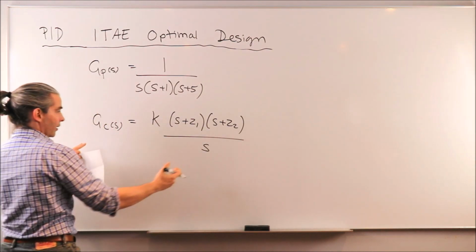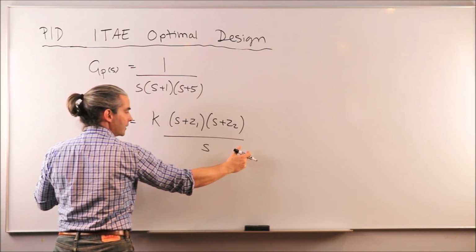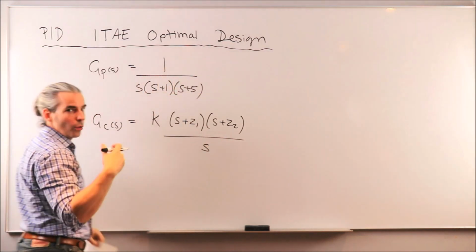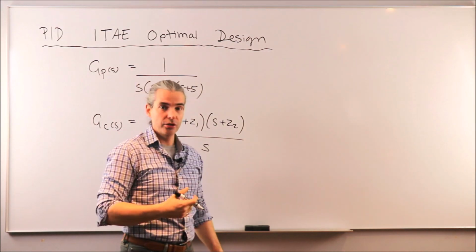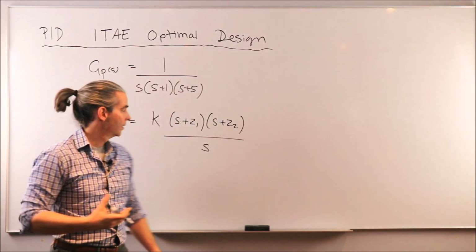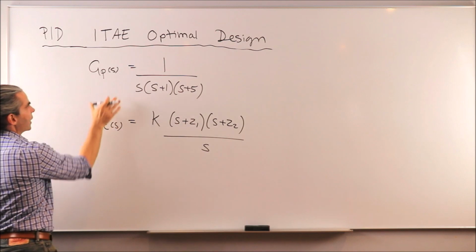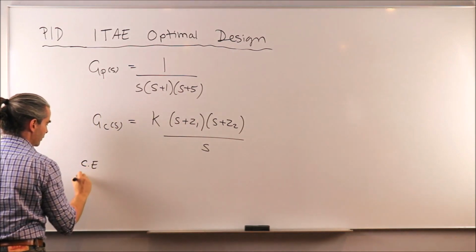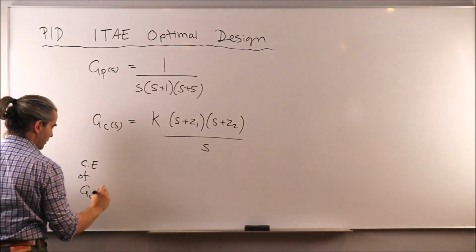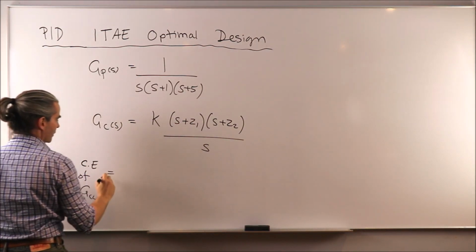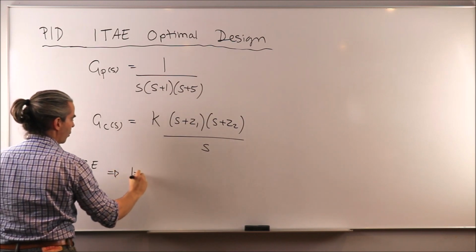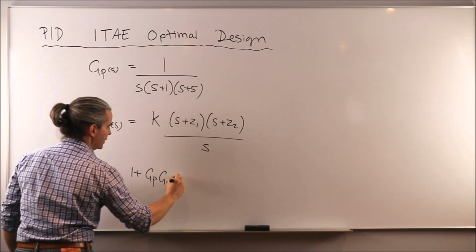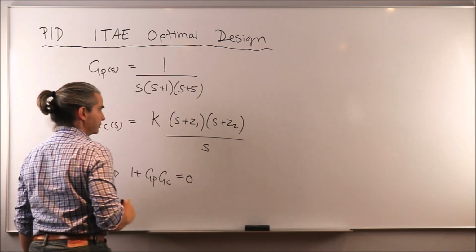And because we know that our PID controller will be implemented in series with our plant transfer function, we know right away that the characteristic equation will simply be equal to 1 plus GC times GP equals 0.